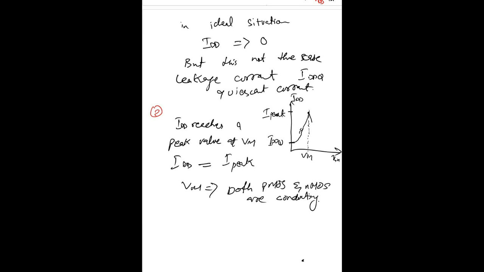But what happens in the third case, at point 3, when Vin increases beyond Vm? Our current starts decreasing again because there is no direct path between VDD and our ground.